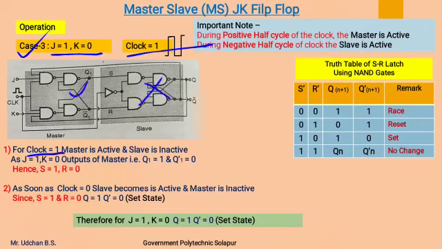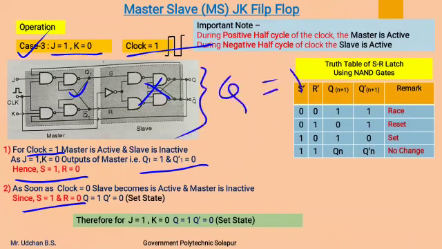At J 1 K 0, the output of master, that is Q1 and Q1 complement, will be 1 0, that is they get set, by which the value of S will become 1 and value of R will become 0. As soon as clock becomes 0, the slave becomes active and master becomes inactive. Since S is 1 and R is 0, the output of SR flip-flop, that is Q, will become 1 and Q complement will become 0.